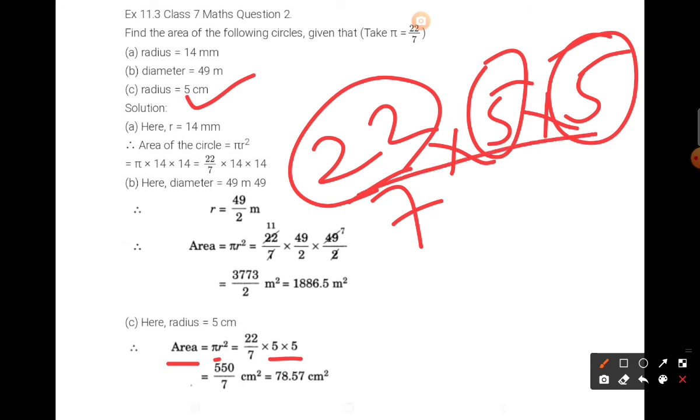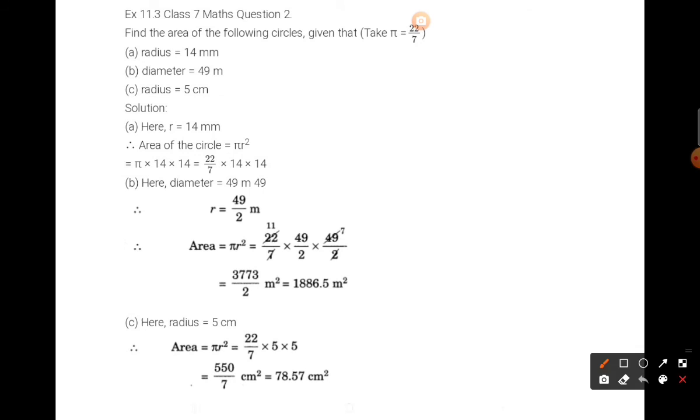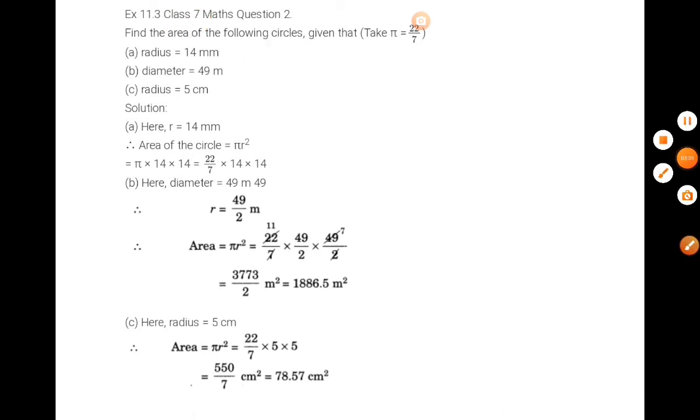So after multiplying these 3, the answer will be 550. Now this 550 you divide by 7, and after division your answer will be 78.57 centimeter square. So this will be your area. Okay, so this way with the help of the formula you can easily find the area when radius is given or when diameter is given. So this was question number 2 of exercise 11.3.